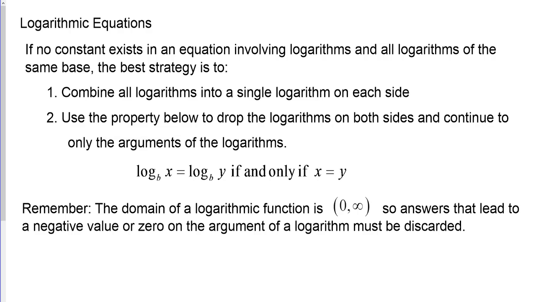One thing to keep in mind is that the domain of a logarithmic function is 0 to infinity. So answers that lead to a negative value or 0 on the argument of the logarithm have to be discarded.